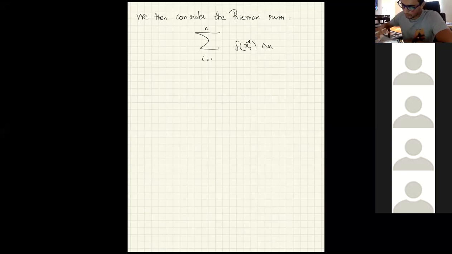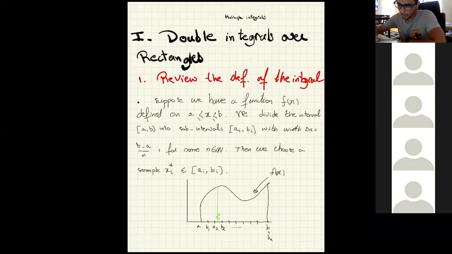So concretely speaking, it means that I will look at the function f of x2 star, and then we take this times the interval a2, b2. So in this case, it will be something like this.